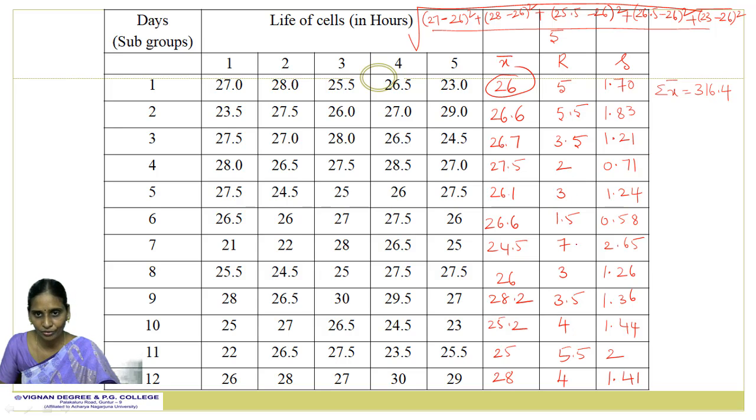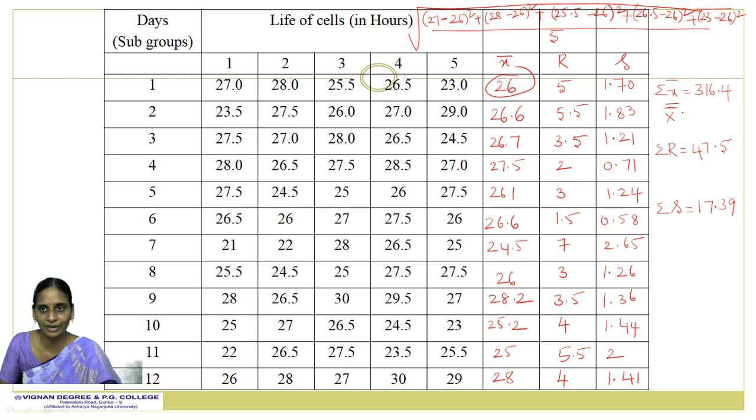The total of the range values for 12 samples, summation R, is 47.5. In the last column, we add the standard deviation values for 12 samples, that is summation S, which is 17.39.